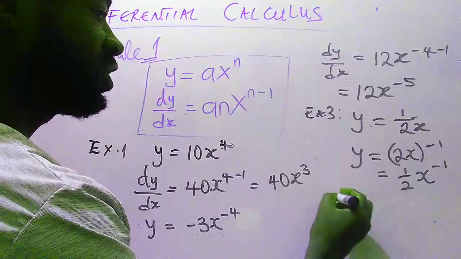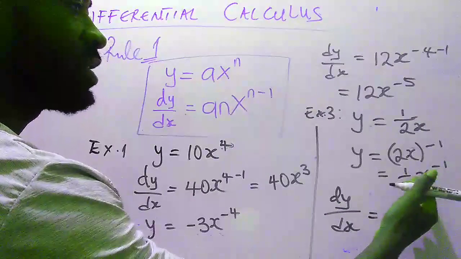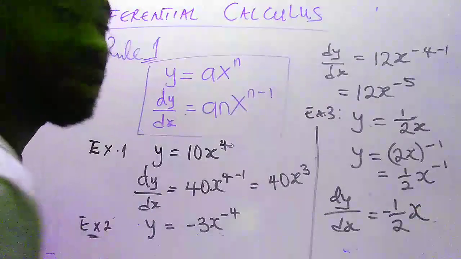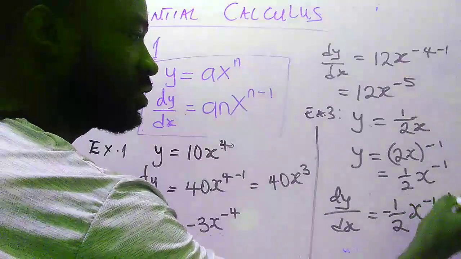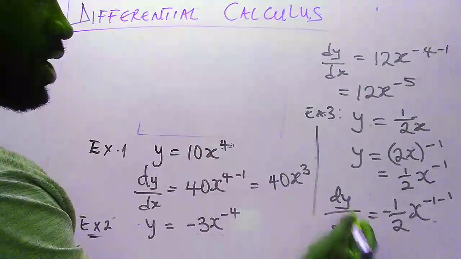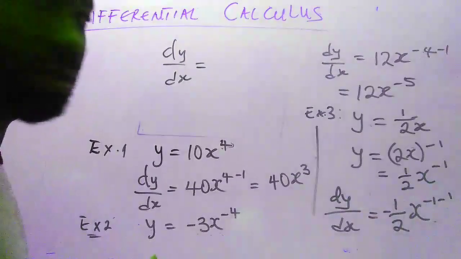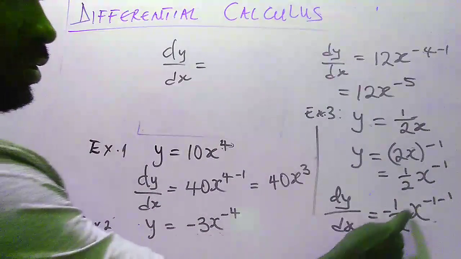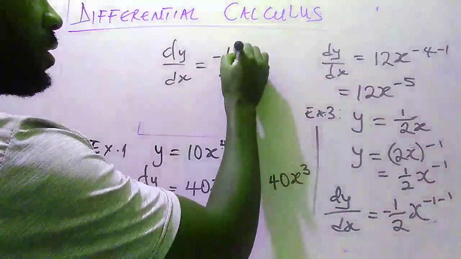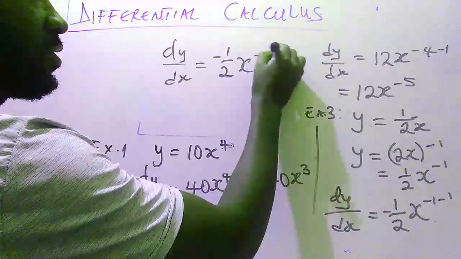Let's differentiate it now. Minus 1 times half gives us minus half. Then subtract 1 from the power, so minus 1 minus 1. So dy/dx is equal to minus 1 over 2 times x raised to the power of minus 1 minus 1, which gives us minus 2.